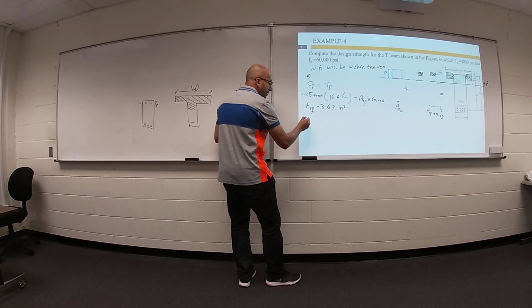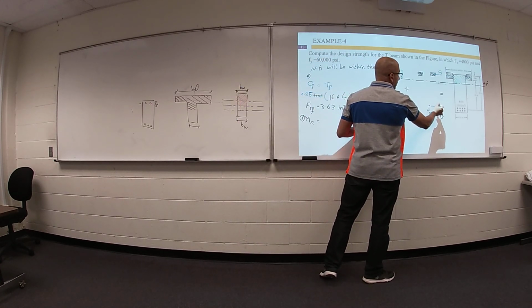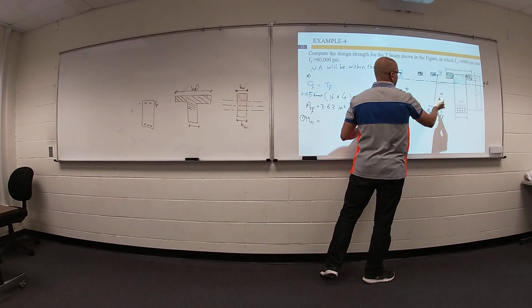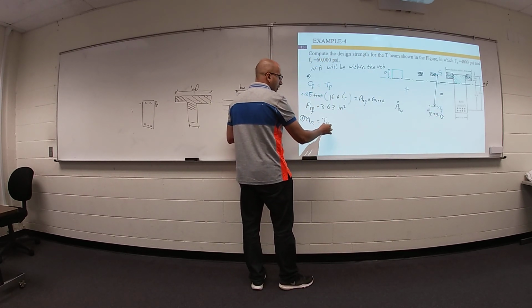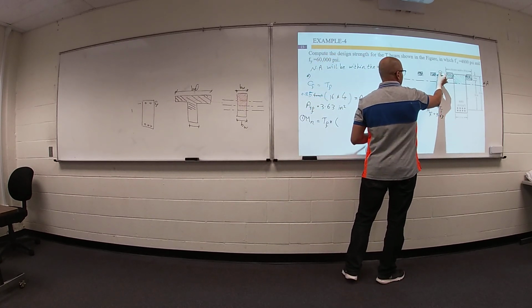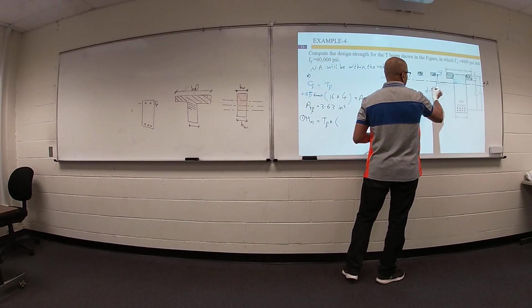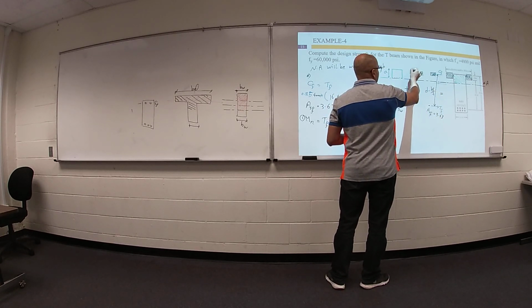Your nominal moment from this part number 1 equals this force times this distance. This force, T flange, times this distance, which equals d minus h flange divided by 2, because this distance is h flange.